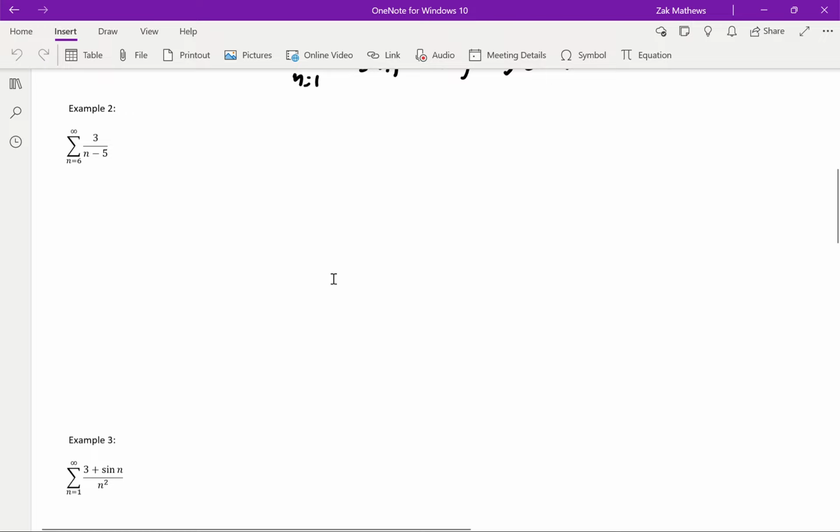And a useful way to do that is just kind of ignore the 5 in this case. If I just cover that up, this looks very much like the harmonic series. We know that the harmonic series diverges, and so what that tells me is I need to show that this is actually the lower case. We want to find something between 0 and 3 over n minus 5 to state that it's diverging.